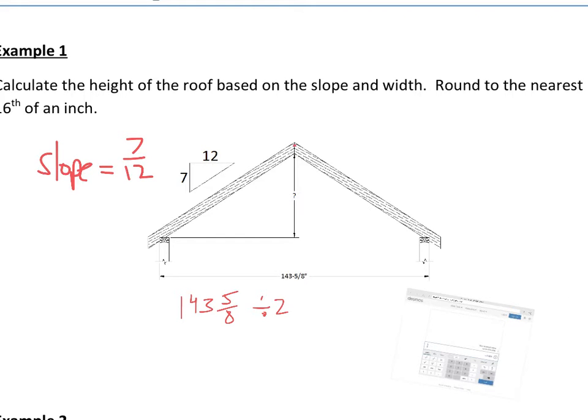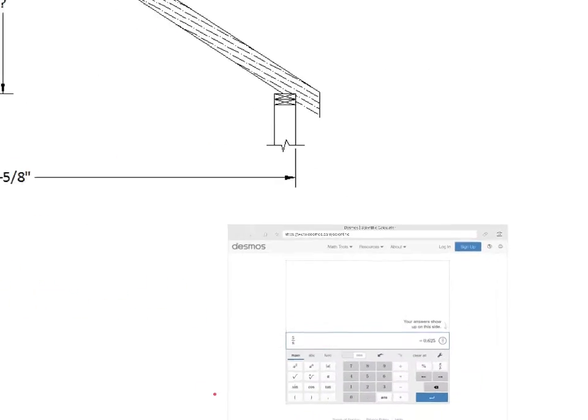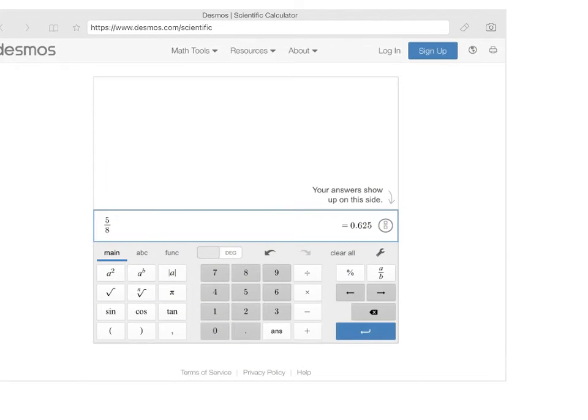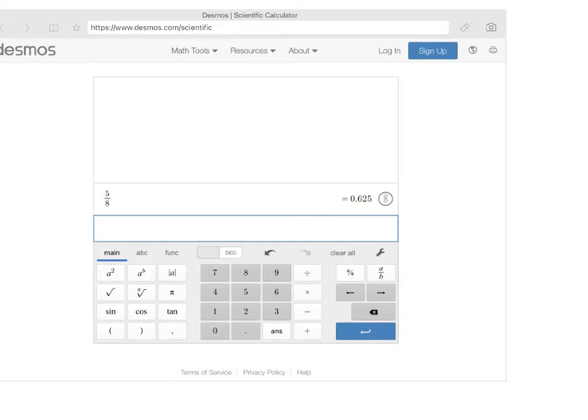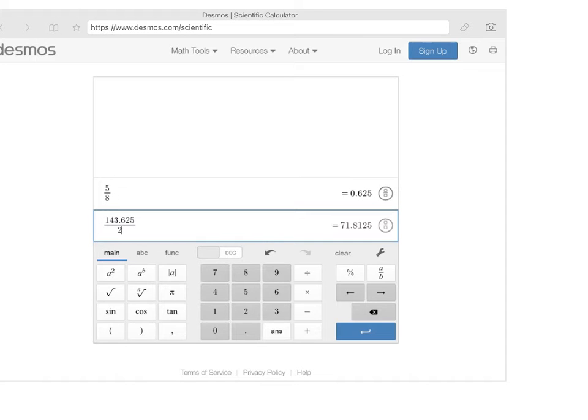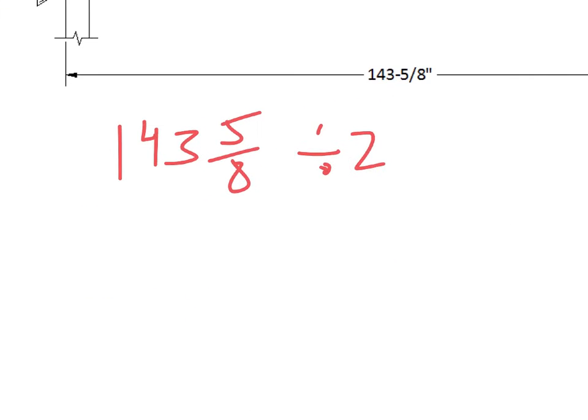So we have 143.625, and we'll divide that by 2. That gives us 71.8125.